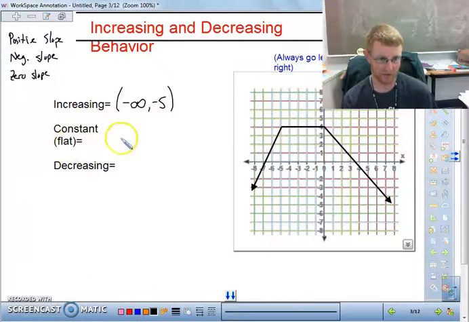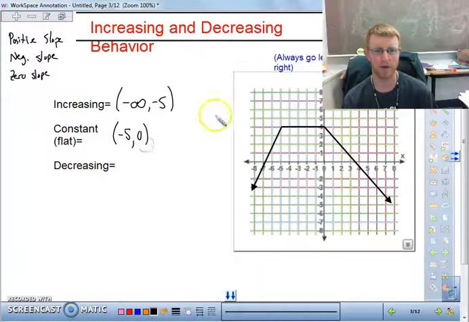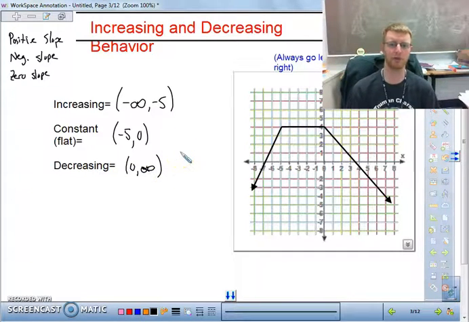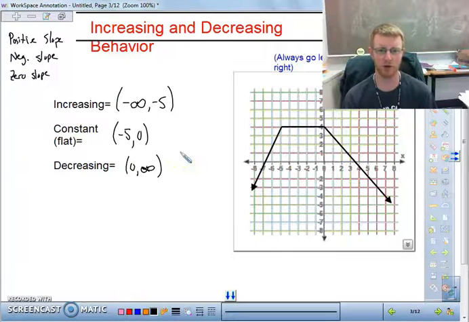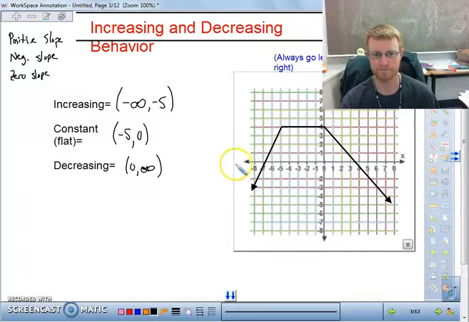And then it's going to be constant, in other words, a zero slope, from, it looks like, negative 5 to 0. So we're going to say from negative 5 to 0. And then it's decreasing from 0 all the way to, sorry, positive infinity. And that's pretty much it. So you should be able to look at a graph and be able to determine when the graph is increasing and when it's decreasing.